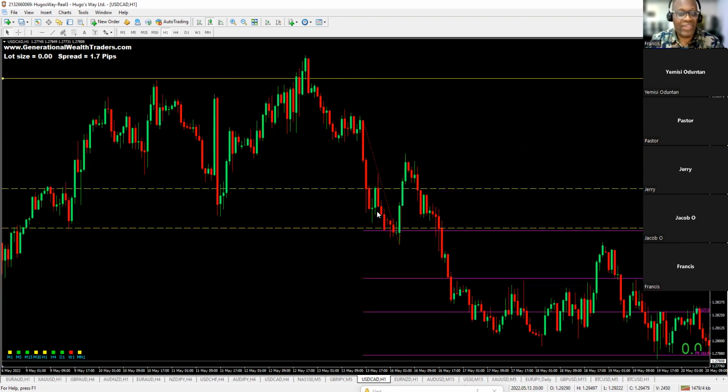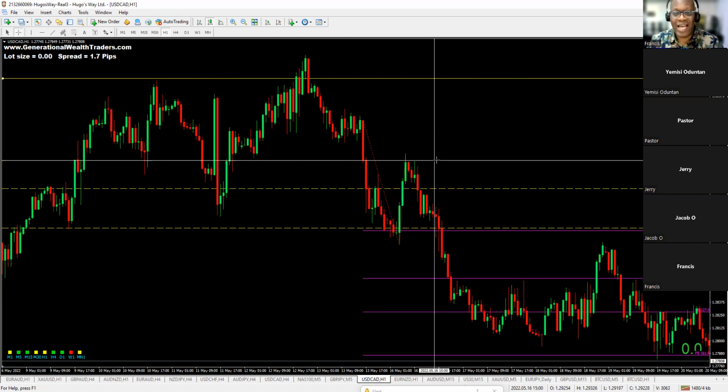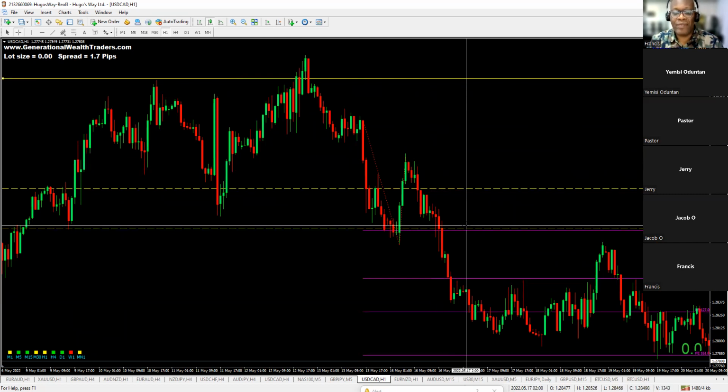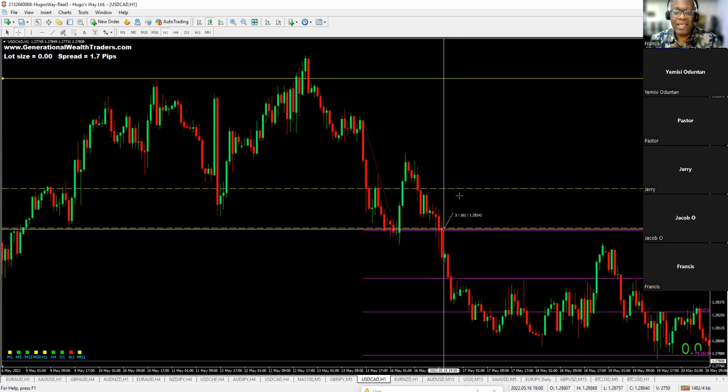But just to add this, note that wherever you enter, your stop loss should be at a reasonable price point. I mean, if I entered here, you could decide to place your stop loss here, below the swing. But knowing that it is close to resistance, it might not go that far.